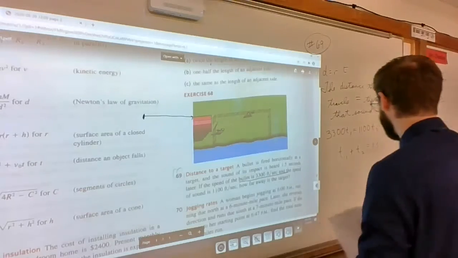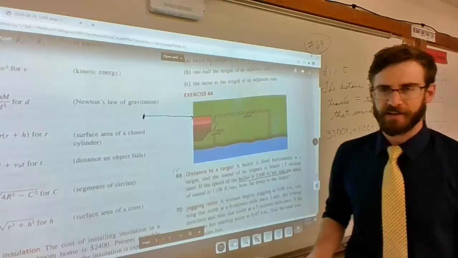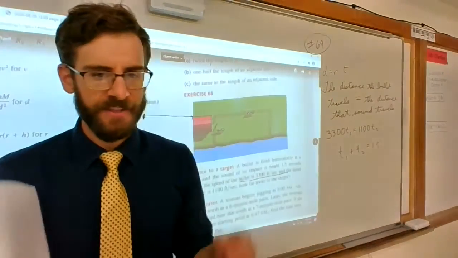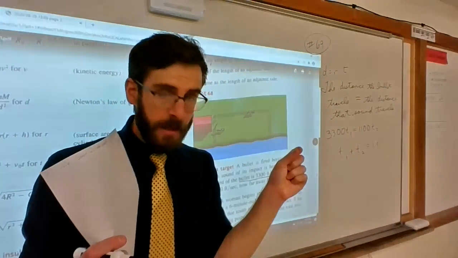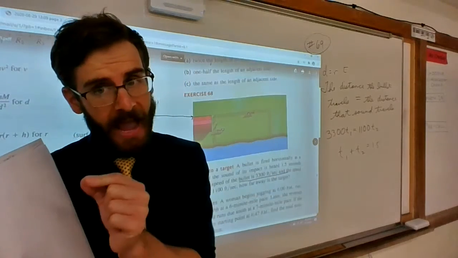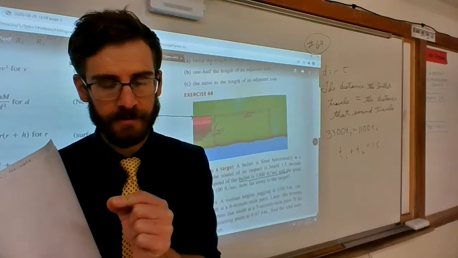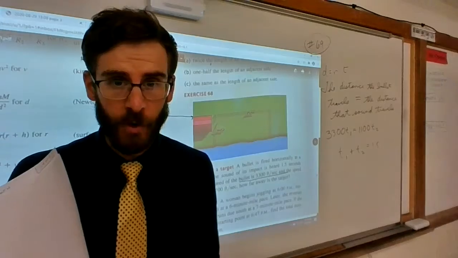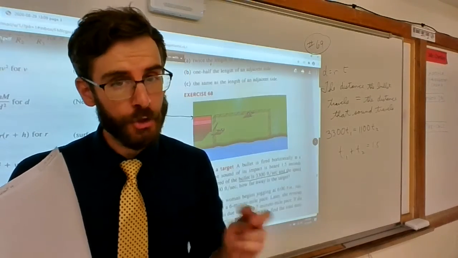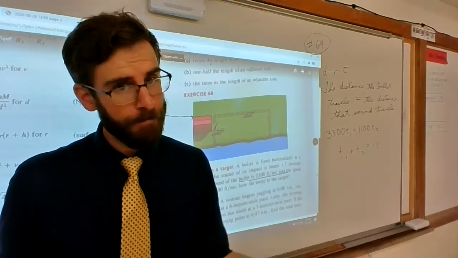So this can be kind of tricky. Basically, the time it takes for the bullet to get to the target plus the time it takes for the sound to get back is 1.5 seconds. So we have a system of 2 equations with 2 variables, which means we should be able to solve this thing.